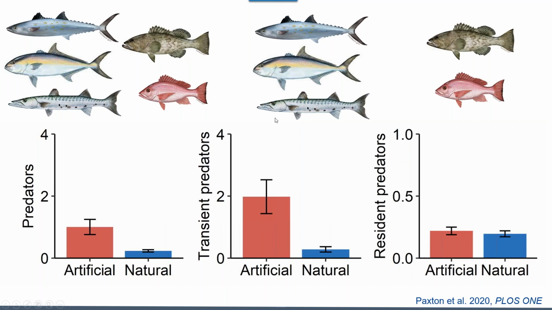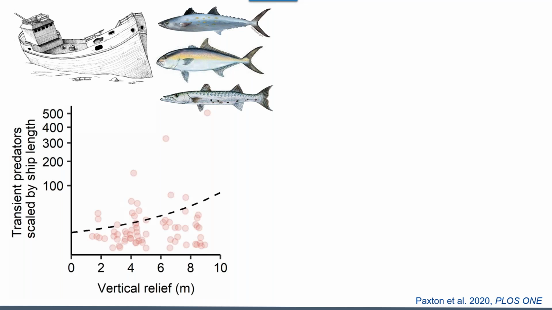And so we wanted to zoom in a little bit to these transient predators and try to understand why this may be. And it turns out that the transient predators tend to associate with reefs of higher vertical relief. So more transient predators on reefs with a higher height off of the seafloor.